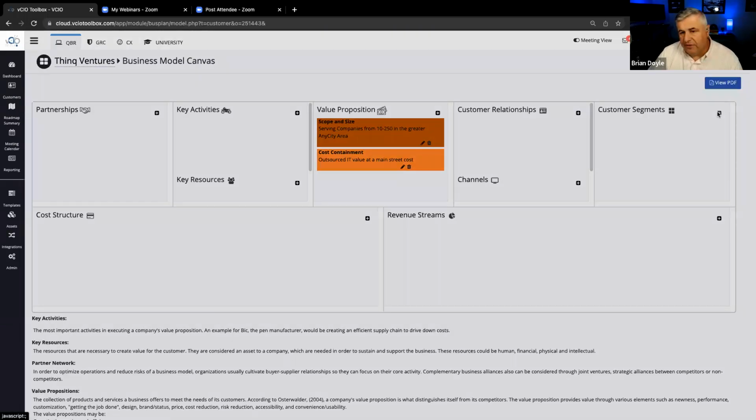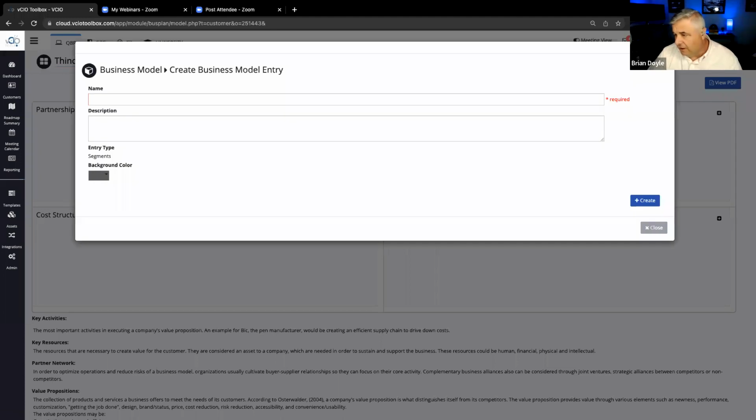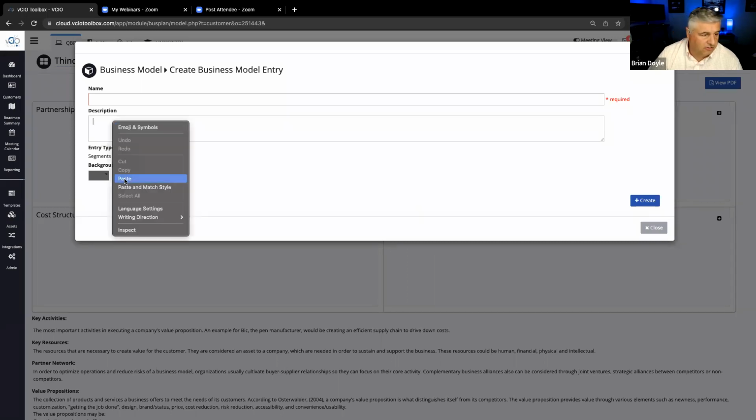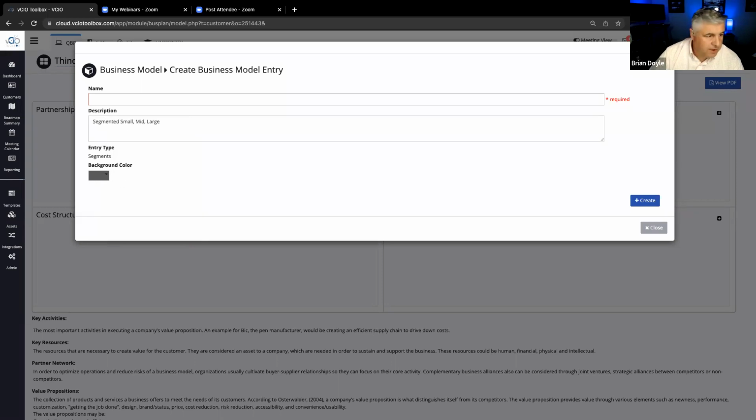So here in the world of an MSP, when I really want to look at defining my customer segments, I think the way we should be looking at it is, as we just talked about, the segment size: small, medium, and large. Here we're really defining what the sizing of that market is. So I'm going to call this just market size for my labeling here.